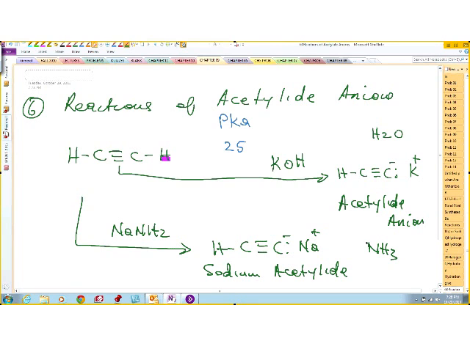Now you say, what are we going to do with this? We could use this as a nucleophile.